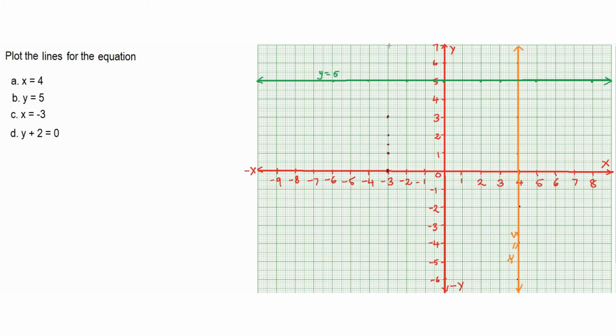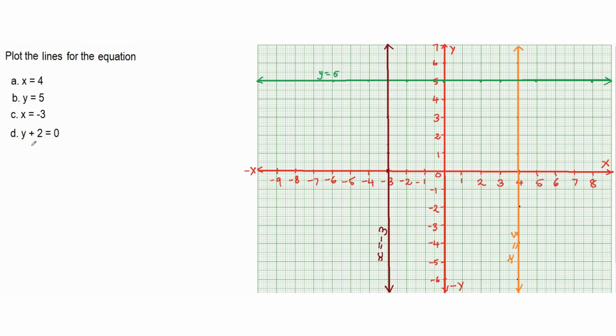So again, the line joining all these points will have the equation x equals negative 3. This line is parallel to the y-axis. It is at a distance of 3 units from the y-axis, and because it's negative 3, the line is towards the left of the y-axis. So this particular line has equation x equals negative 3, right?